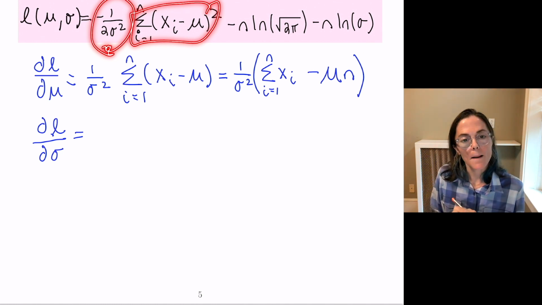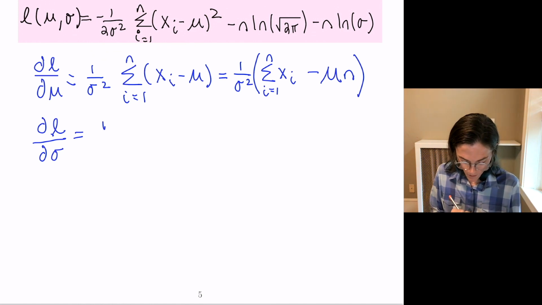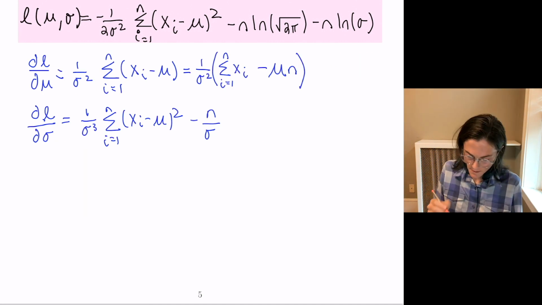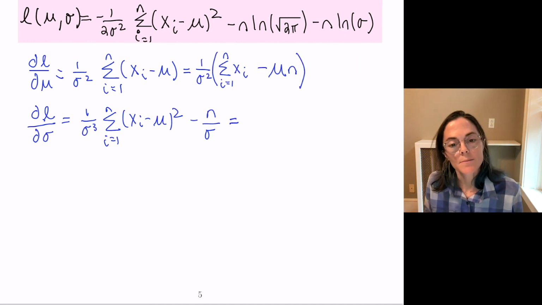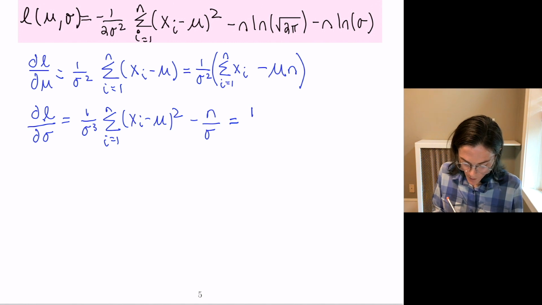And I will get positive, oh, write it down, positive 1 over sigma cubed. And then we still have this sum. This is the constant. Okay, now differentiate this part. We get minus n over sigma. Maybe I will simplify this one as well. We can factor out 1 over sigma cubed from both terms.